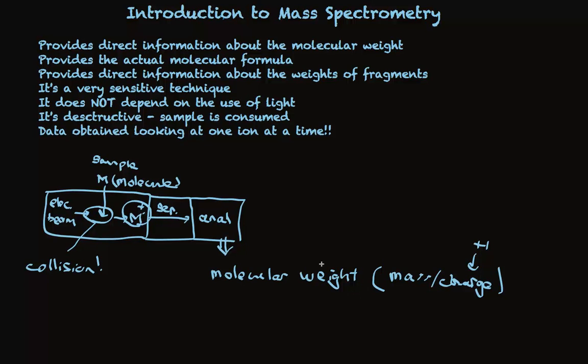If this were all that were happening, it would be very useful. But it's not. In this portion of the spectrometer, where the molecular ion has been created, the molecular ion is literally vibrating itself to pieces.